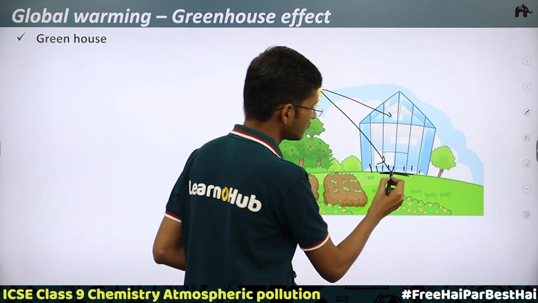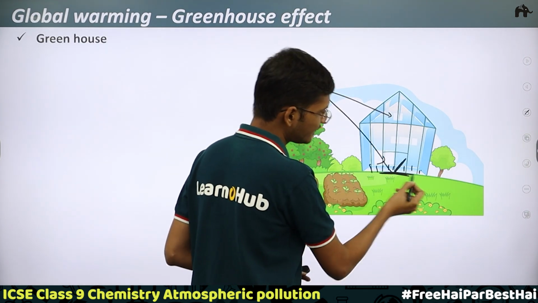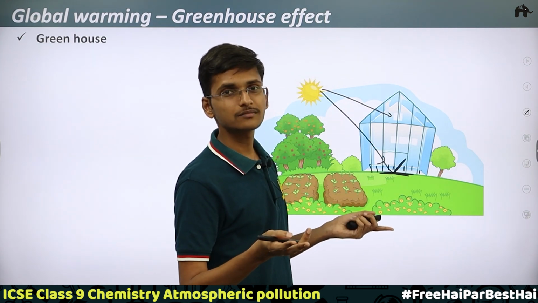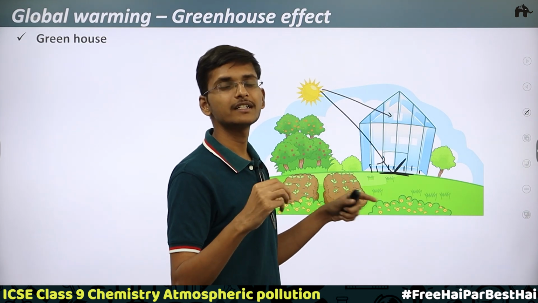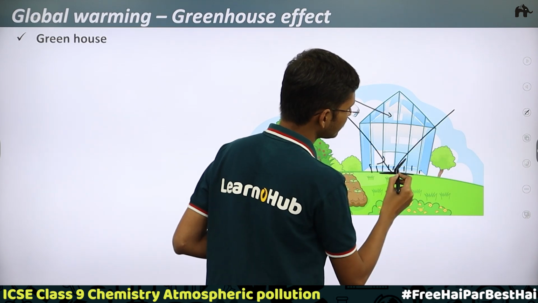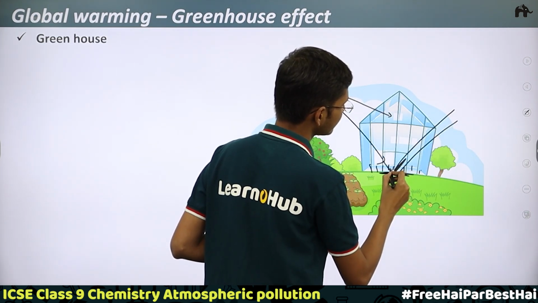And here it is heating the earth's surface. So after getting heated up, what would the earth do? It would radiate back the heat in the form of infrared radiations. These infrared radiations then try to move out of the glass.